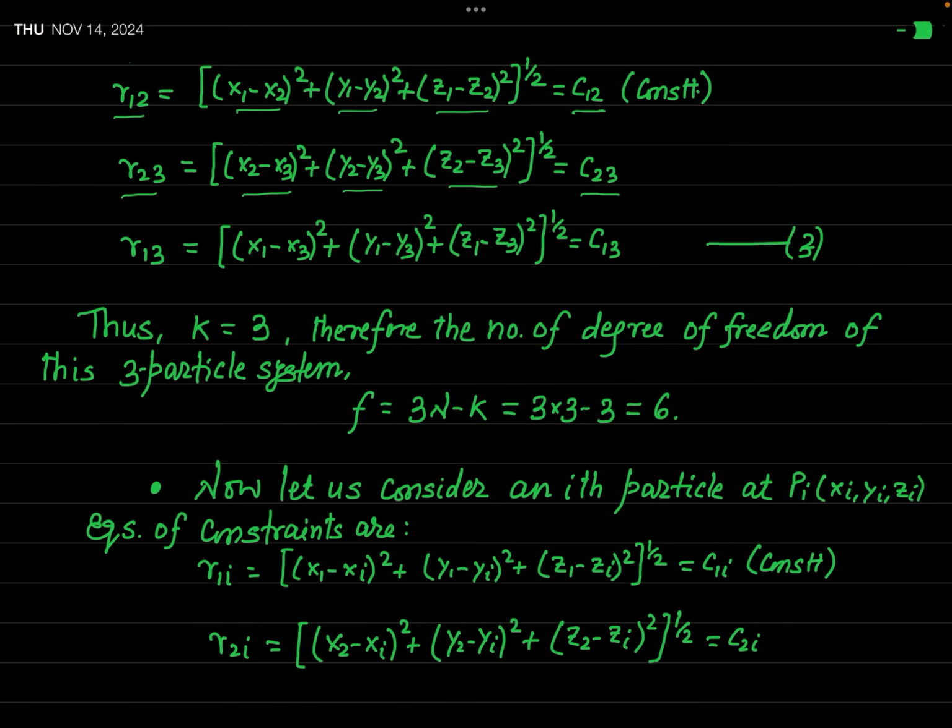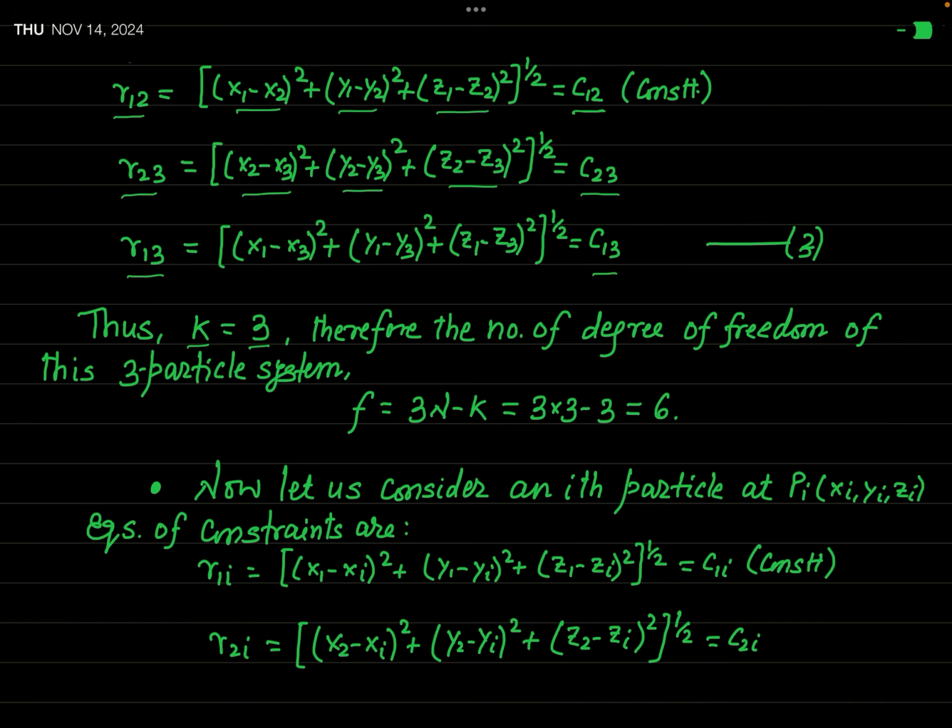Okay? And similarly, the distance between particles 1 and 3 is given by this. So these are the 3 equations of constraint. So in this case, if we consider a system of 3 non-collinear particles, then the number of equations of constraint k is equal to 3. Okay, k is equal to 3.